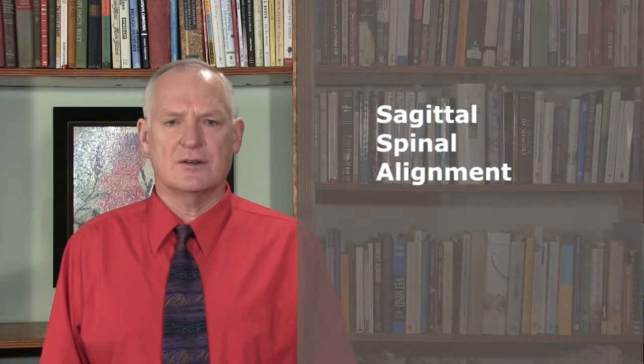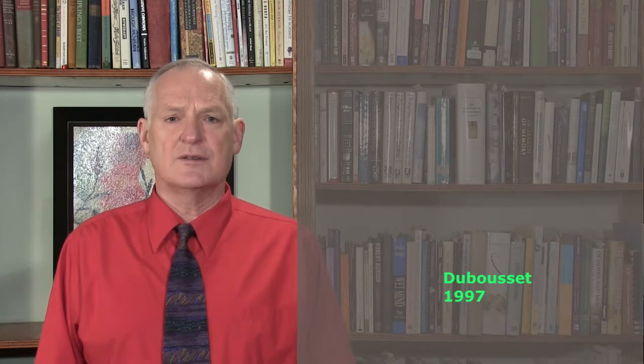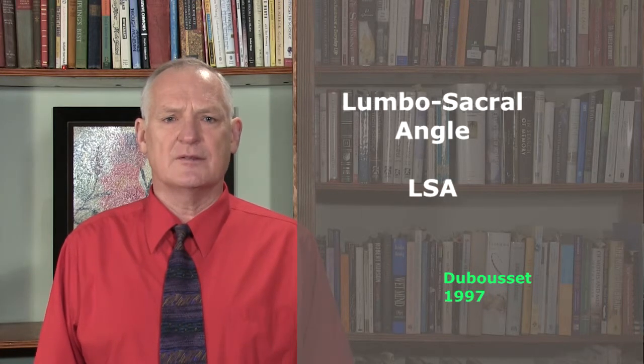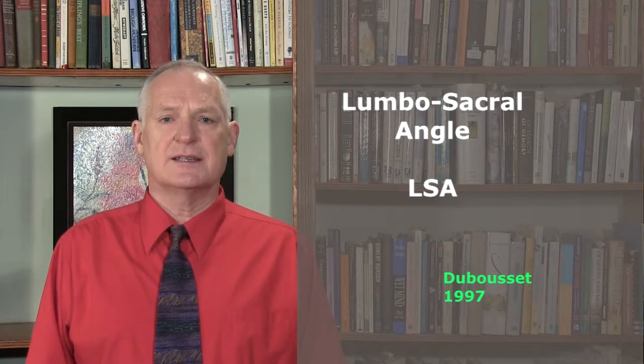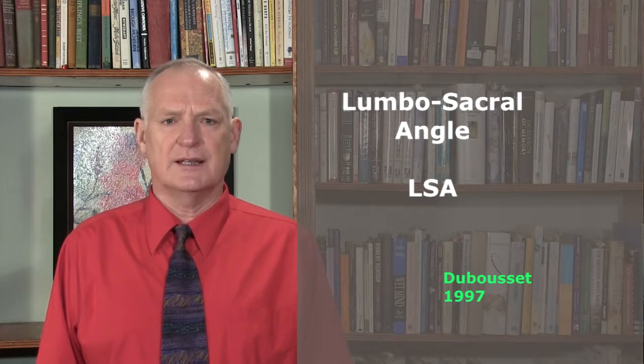Spondylolisthesis is continually being re-examined and the definitions updated, and more recently authors have defined sagittal spinal parameters that are significantly altered in people with spondylolisthesis. Legaye in 1998 defined and introduced pelvic incidence as a fundamental parameter in sagittal spinal alignment, and Duval-Beaupère in 1997 redefined the measurement of Boxall's slip angle from 1979 as the lumbosacral angle, or LSA.